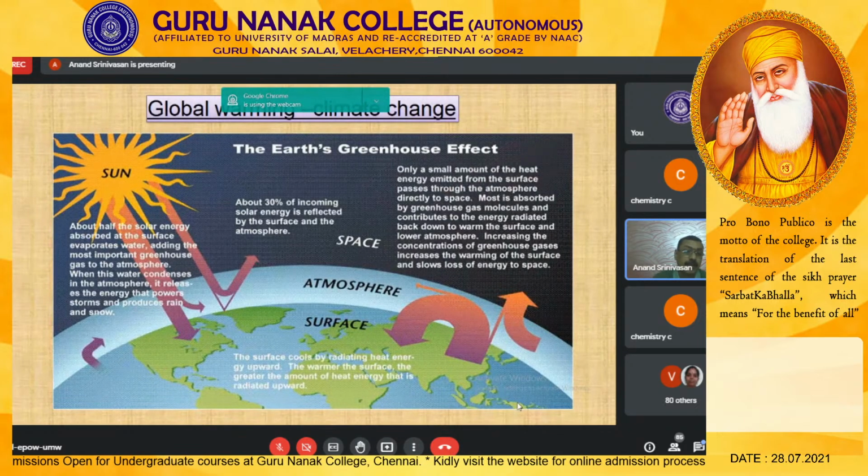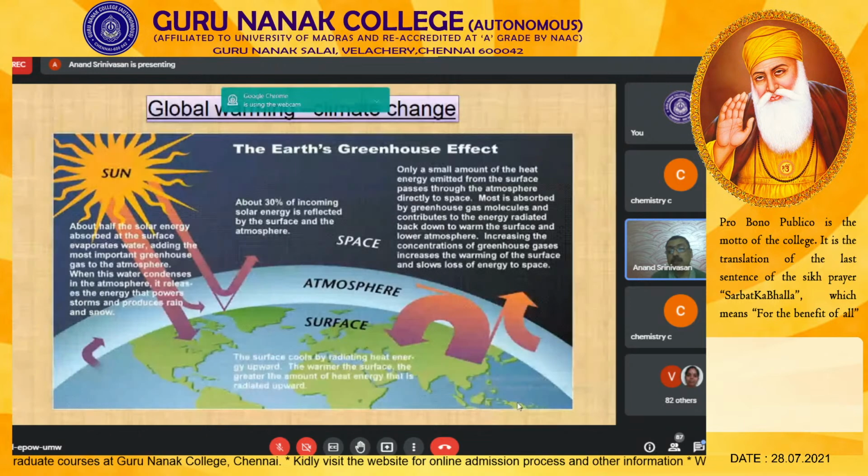You can see when it absorbs a lot of energy, what happens? It evaporates water, adding the most important greenhouse gas to the atmosphere over the Earth's surface. And when water condenses, it releases energy which adds too much heat energy to our Earth's surface. About 30% of incoming solar energy is reflected by the surface and the atmosphere, but that is getting affected by our man-made operations.